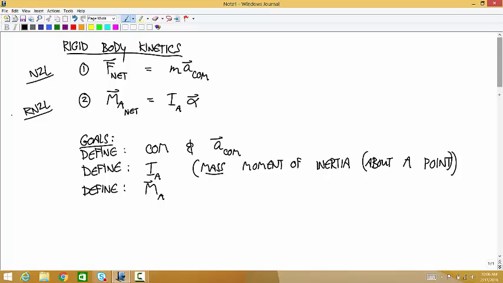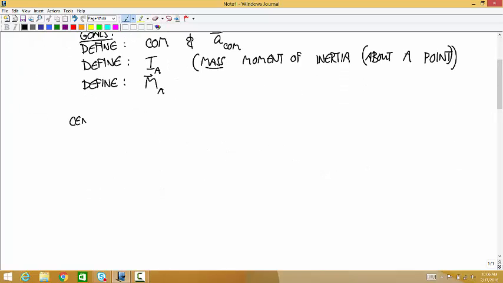So center of mass. I'll abbreviate that COM.